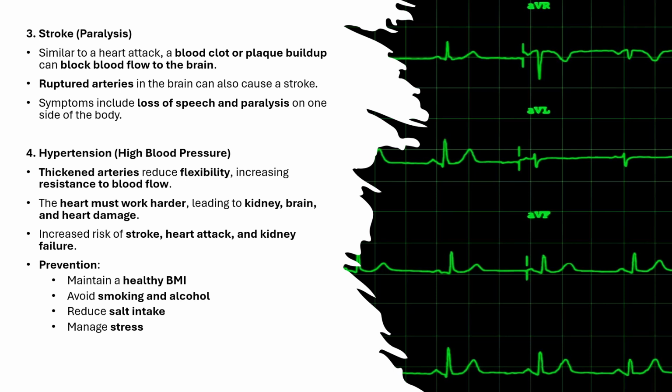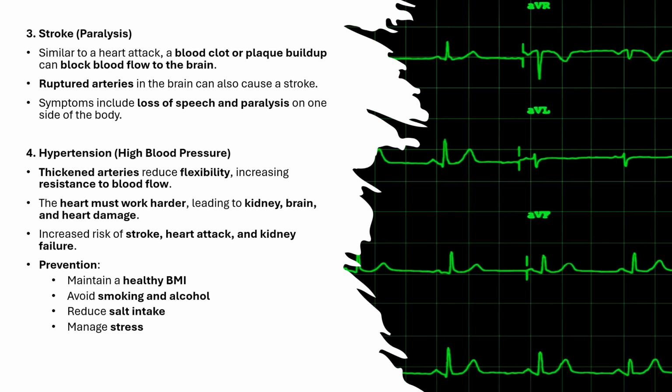But if the blood pressure in the heart is high, the arteries also build up some resistance against the high blood pressure, and the walls become thicker, and it reduces the flexibility of the arteries as well. Now this is going to increase the resistance to blood flow overall, and then the heart must work harder to pump blood.